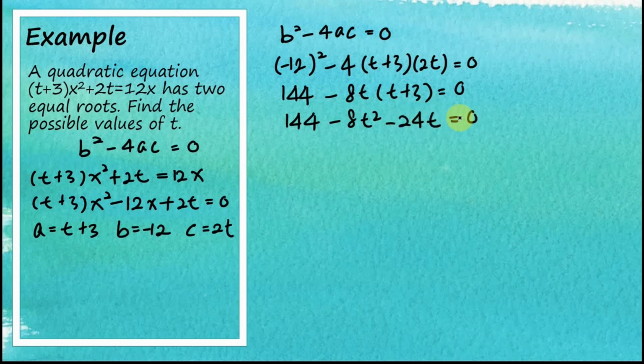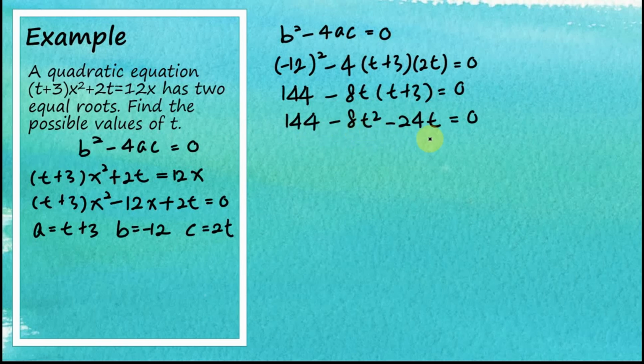equal to 0. Now, the numbers look a little bit big for a quadratic equation if we would like to factorize it. So let's see whether we can reduce it to smaller numbers or not. Now, you should realize that all the coefficients are multiples of 8.